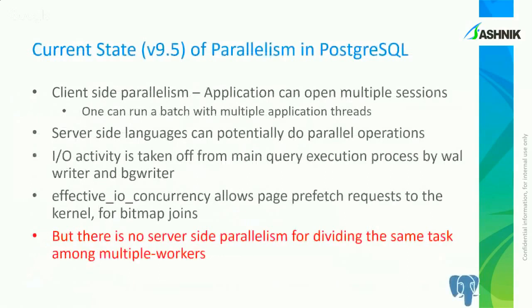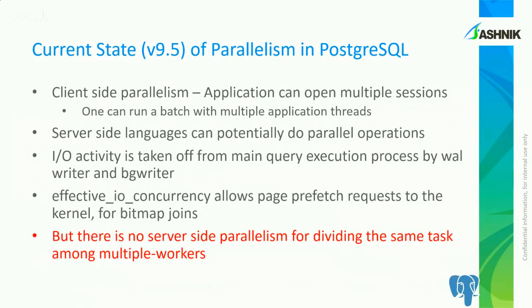To start with, in version 9.5 and past versions, Postgres already offers some level of parallelism, but most of that is either on the client side or is the responsibility of the developer. As a developer, you can choose to write Java code which can open multiple threads.